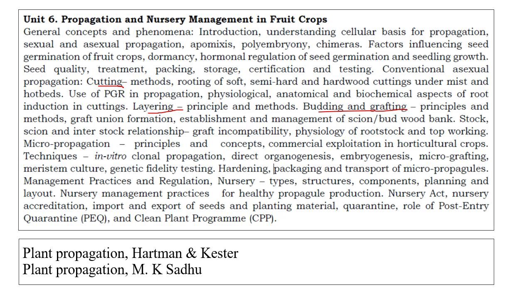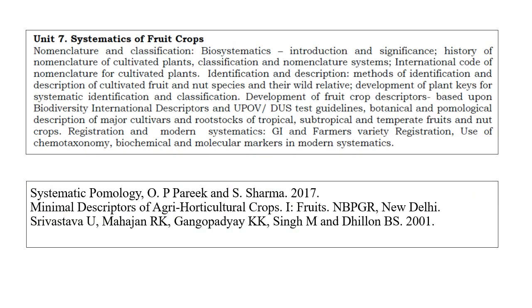We should know the different types and in which crops which method is adopted commercially, all those things. And the nursery role of post-entry quarantine and clean plant program are topics you can get from the internet also. For this, Hartmann and Kester's Plant Propagation can be referred.